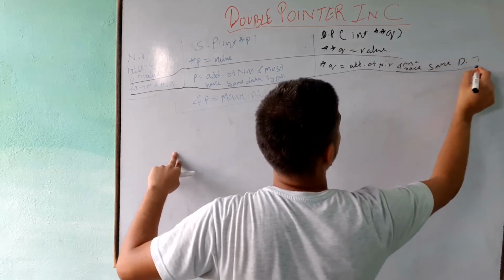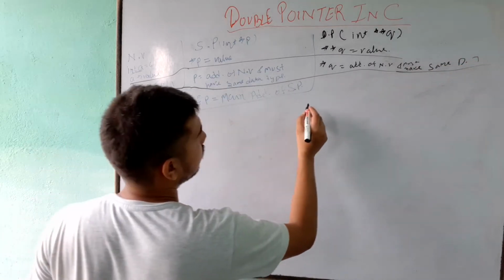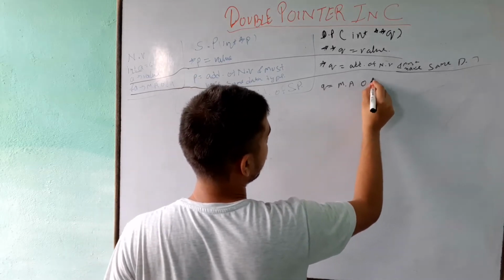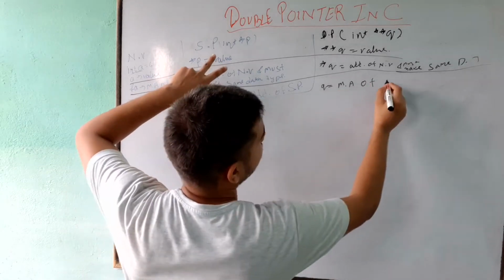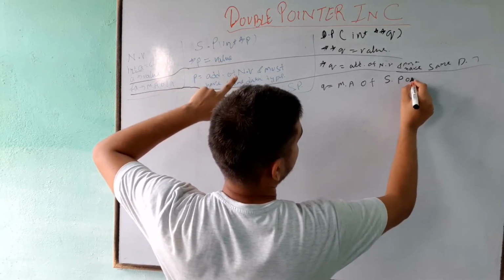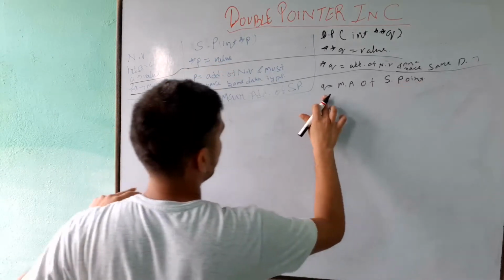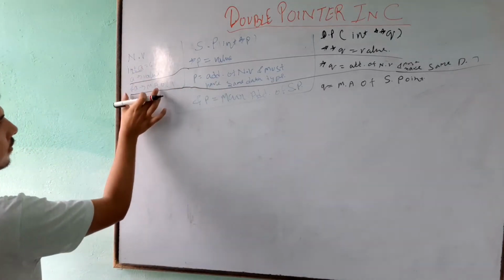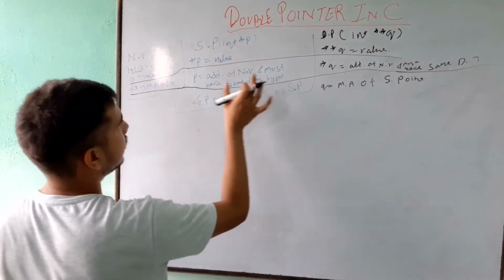Now q will hold the main address of a single pointer. Here p was holding the main address of this, and here q was holding this.